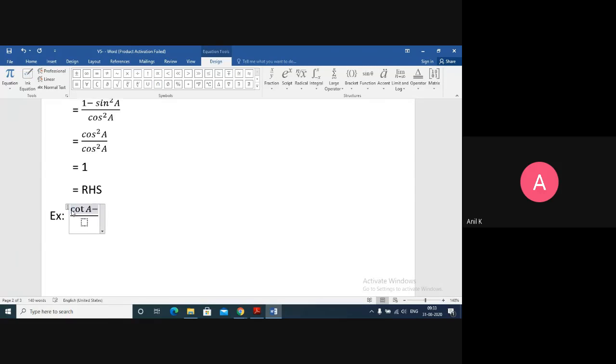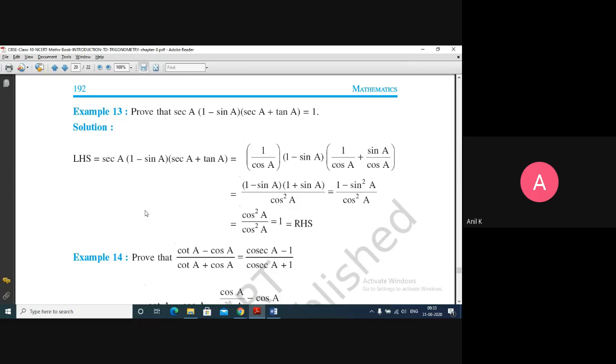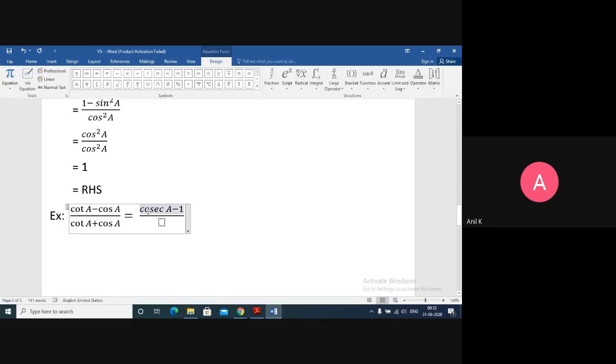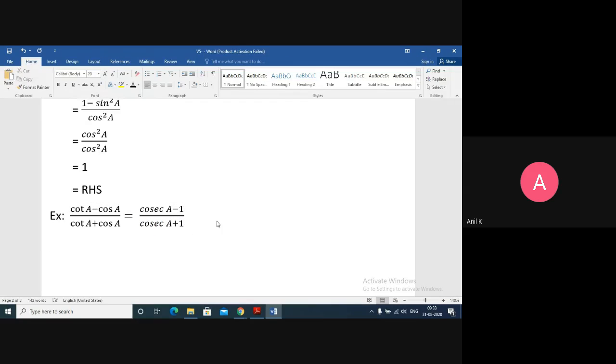Cot A minus cos A upon cot A plus cos A is equals to cosec A minus 1 upon cosec A plus 1. So this is what you have to prove.